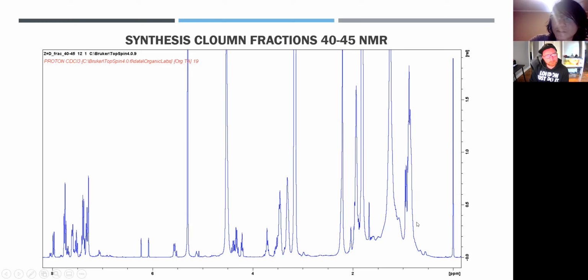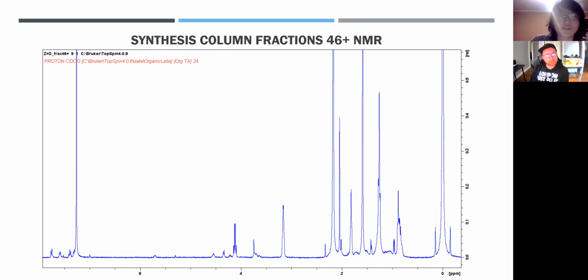Starting to see around 2 and below, we see giant alkyl peaks, which could possibly be the methyl groups on the leucine side chain. So there's definitely some reason to show that our synthesis product is in fractions 40 to 45.